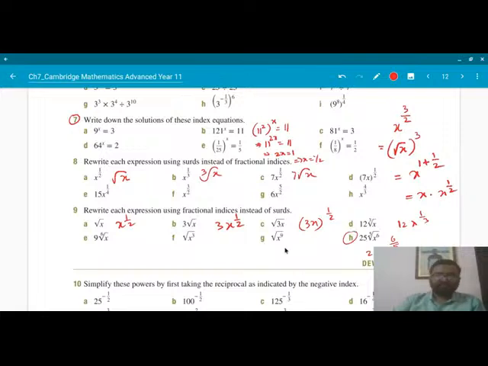Okay, x power 2 by 9. X power 3 by 2. 9x power 1 by 6. Please convert and do some practice of all these problems.